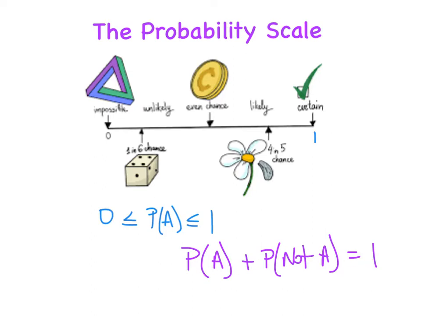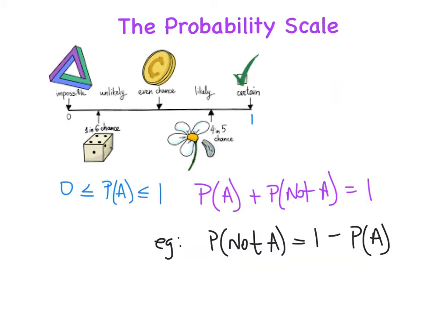So the probability of it not happening is 1 minus the probability of it happening. So just those two bits are really important about the probability scale. And then obviously, the closer a probability is to 0, the less likely it is that it will happen, and the closer it is to 1, the more likely it's going to happen.